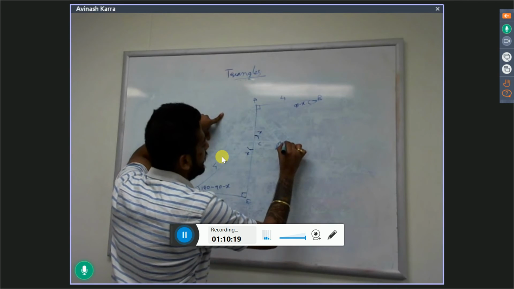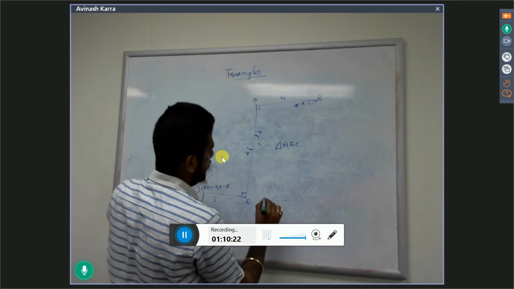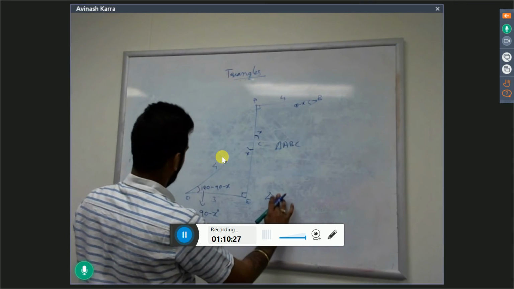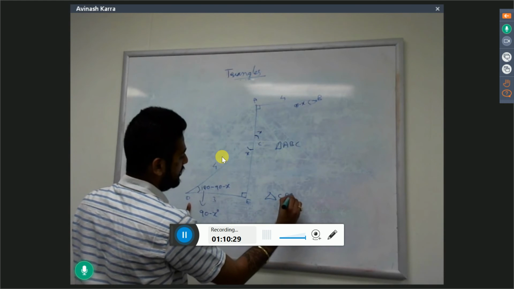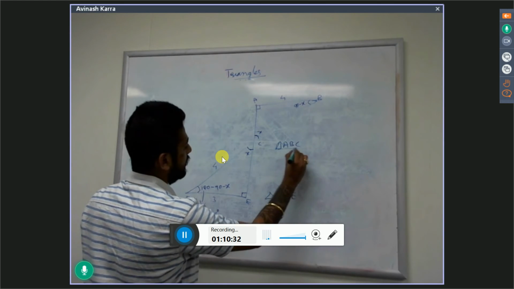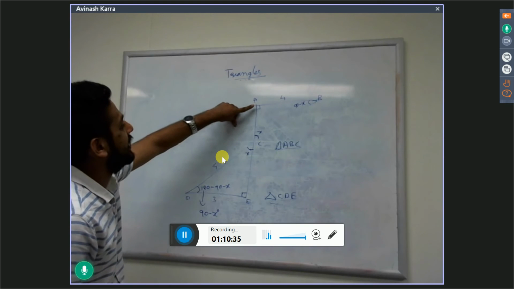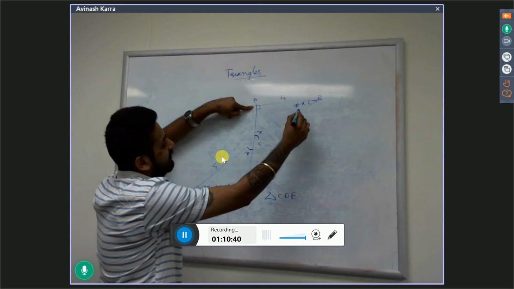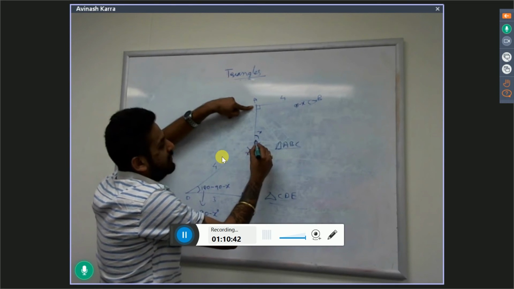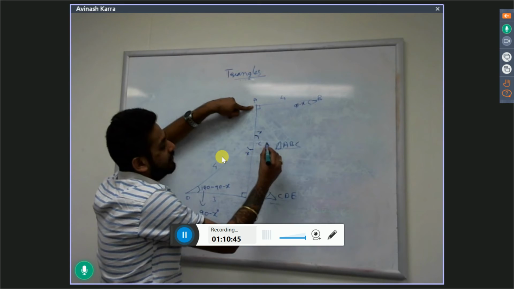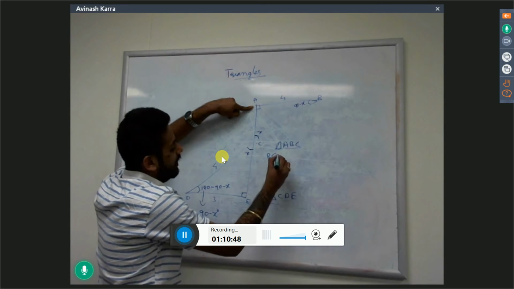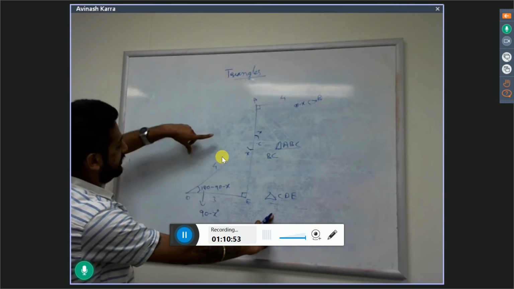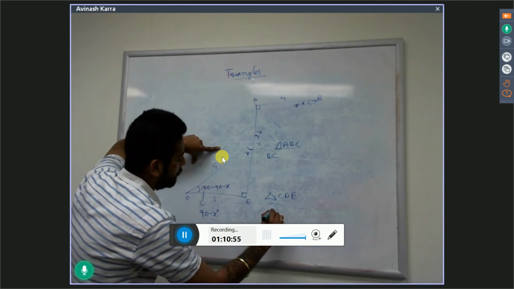Let me consider triangle ABC. Okay. And triangle A. Okay. So let me take the right angle. What is the corresponding side to the right angle in triangle ABC? BC, right? So in this, what is the corresponding side to the right angle? In this, it is 4.